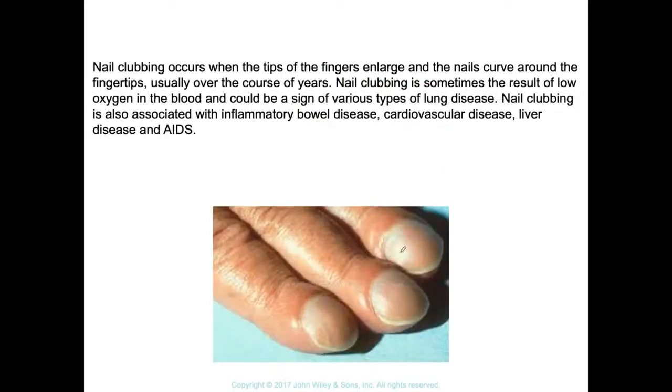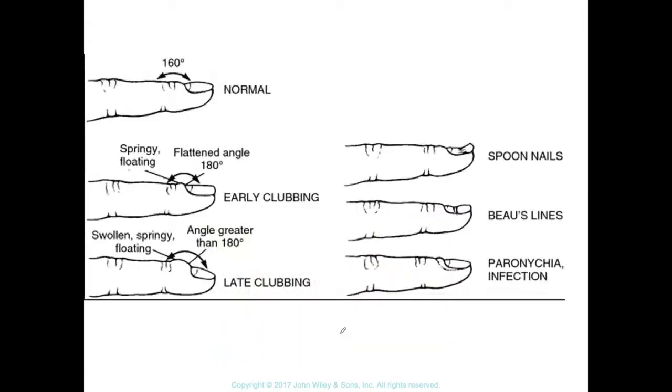This is what it looks like here. We'll see it with inflammatory bowel disease, cardiovascular disease, lung disease. We'll even see it with acquired immune deficiency syndrome, which is AIDS. You see how thick the cuticles are, and then how they just round down.